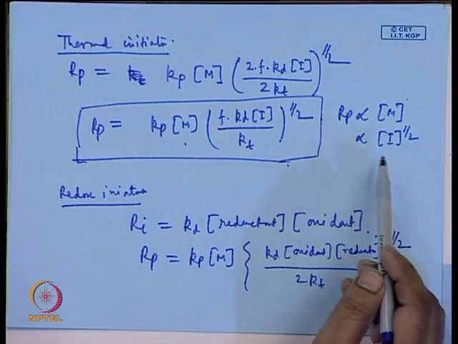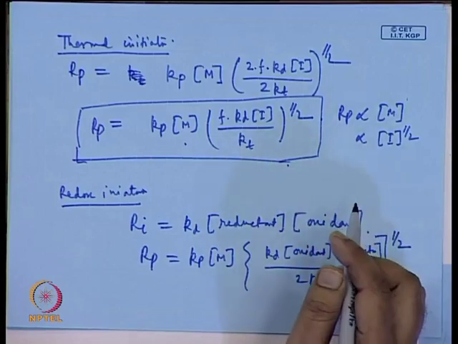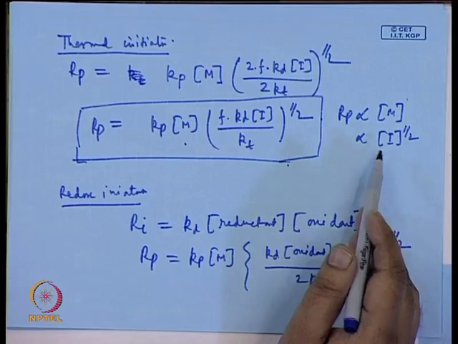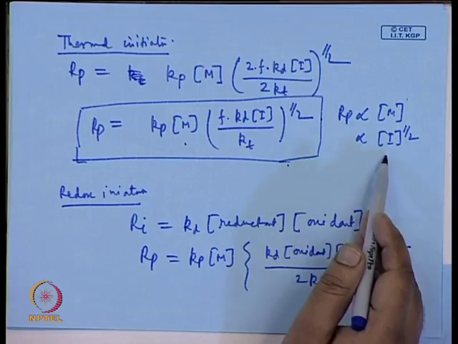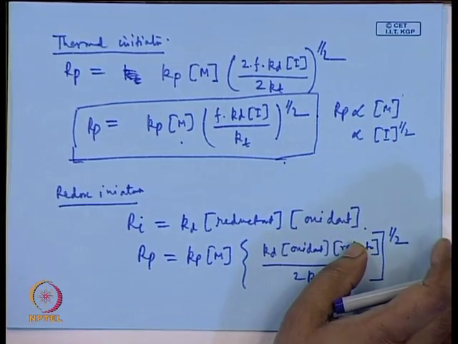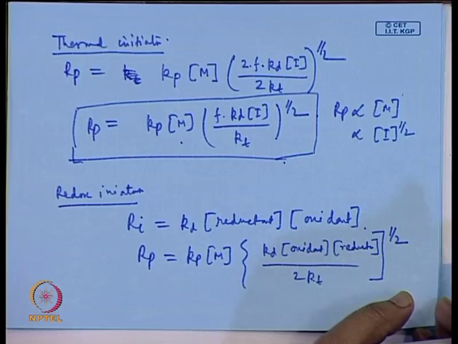which means that some of the radicals which are produced from the initiator molecules are not taking part. So, efficiency actually came down during the reaction.